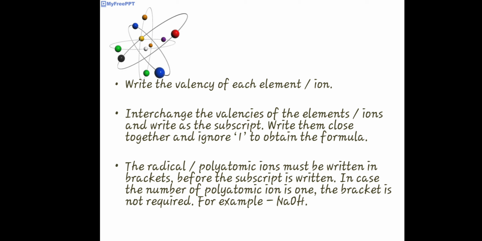So a bracket is not needed here. Always remember that in case the number of polyatomic ion or the subscript of each element is 1, it is not required for you to write a bracket. Okay? Understood? If you have a question or clarification, you can leave that in our GC.